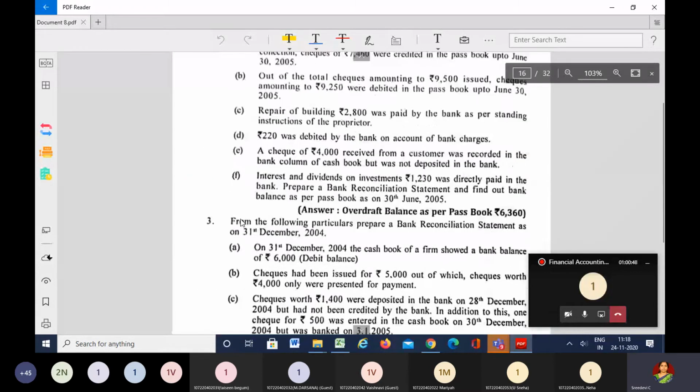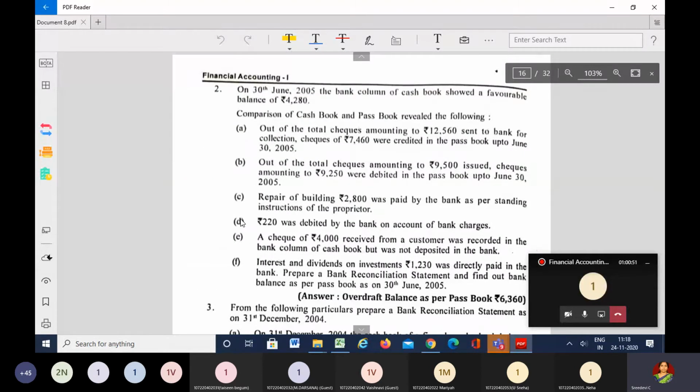Okay, let's do the second one because in the first problem we have the errors. I don't want to do a problem based upon the errors now because I have still not explained all of that to you. So let's start with the second essay problem.